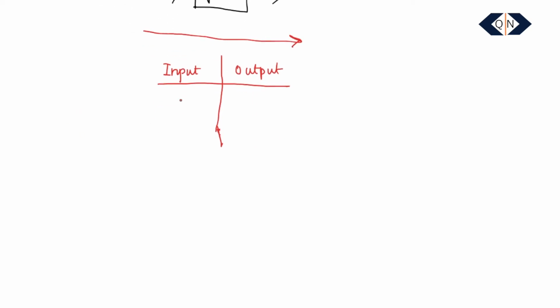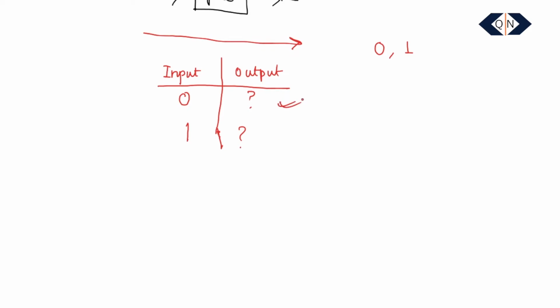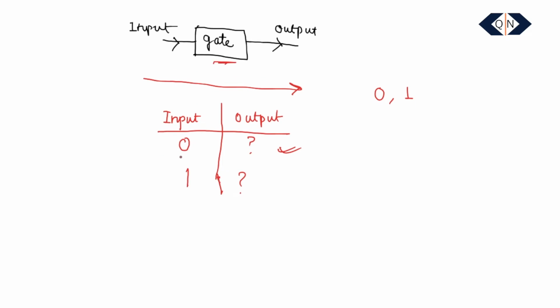Suppose we have 2 bits, 0 and 1. Suppose I am giving input 0 and suppose I am giving input 1. What will be the output? This output depends upon the gate. We can't change the input. We are feeding 0 and 1. We can change the gate to get our required output.